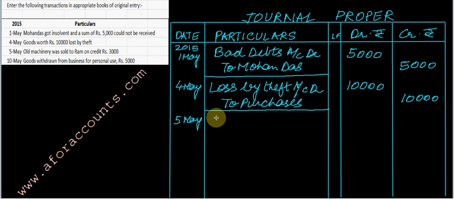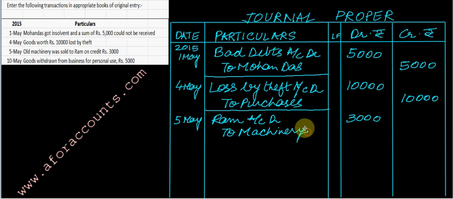So Ram account debit, 3,000, to machinery. Had this been an entry that sold machinery for cash, then it would have been entered in the cash book and not here.